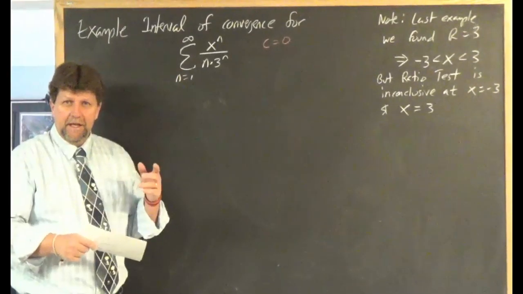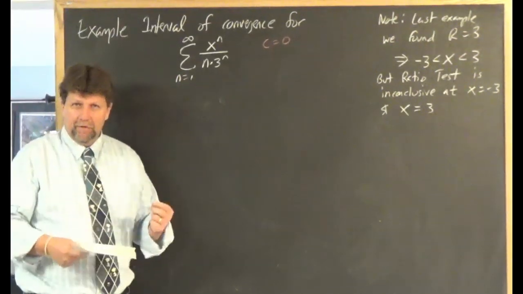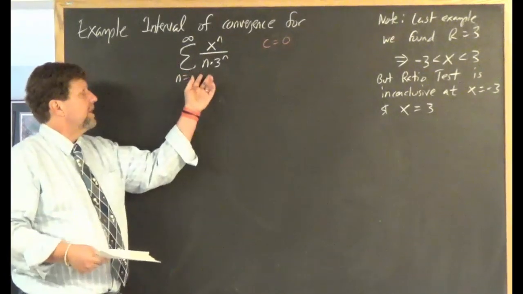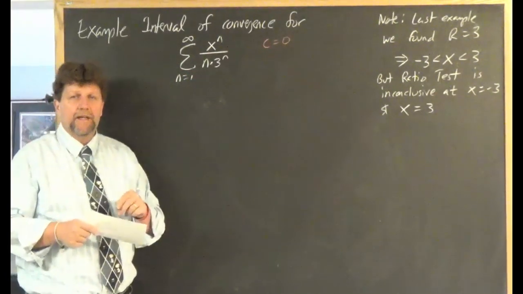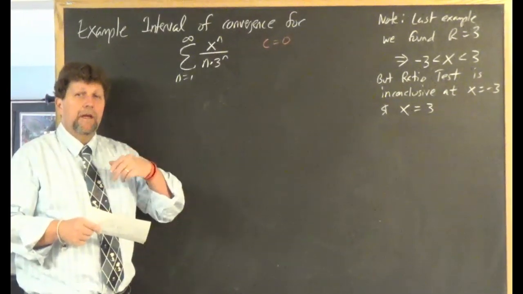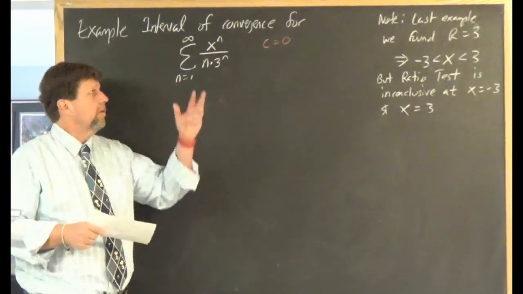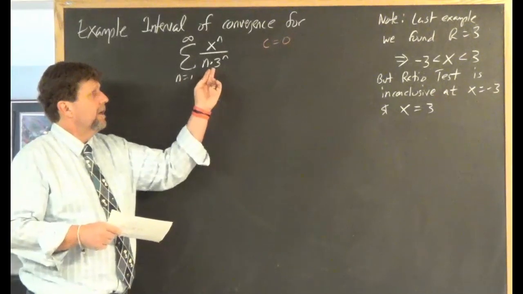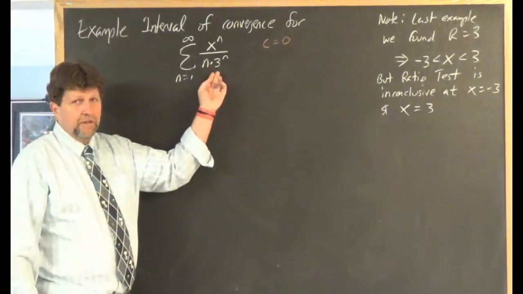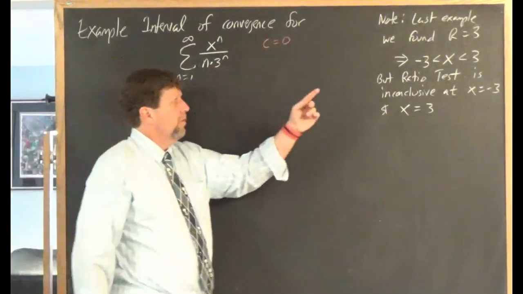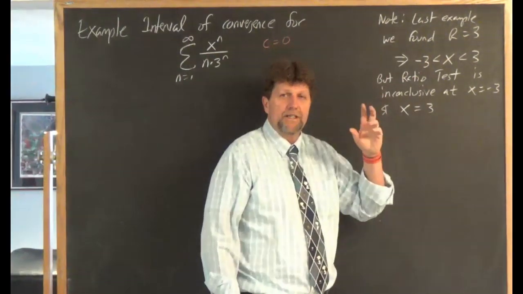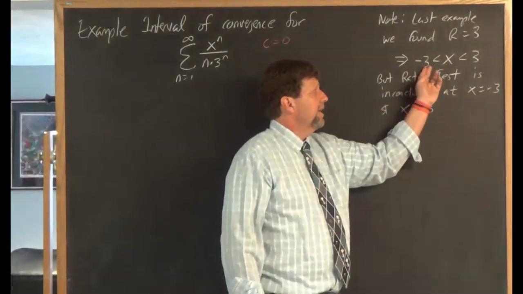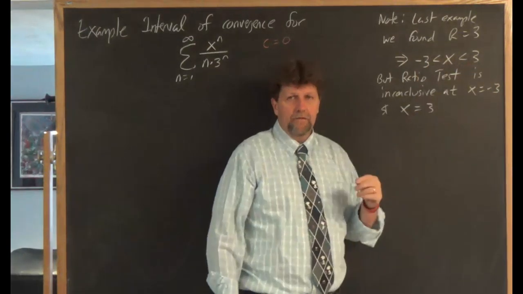All right, folks, in this example, we were asked to determine the interval of convergence for the series, n equals 1 to infinity, x to the n over n times 3 to the n. So in our last example, we determined the radius of convergence for this series. We found the radius of convergence was 3, and since it's centered at 0, that gave us the interval -3 to 3.